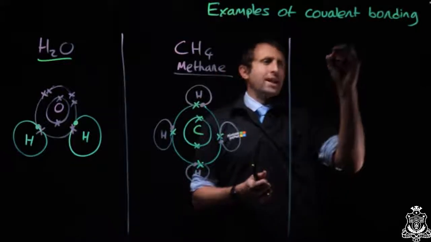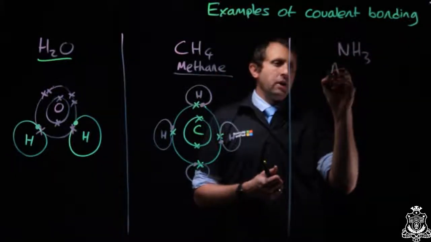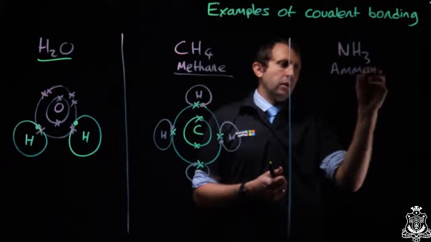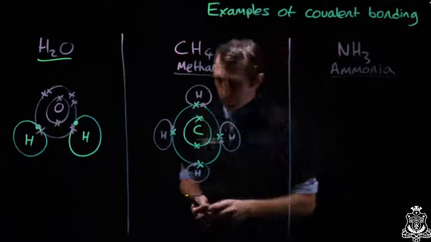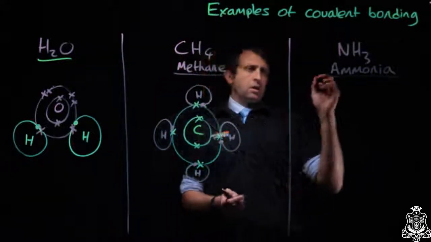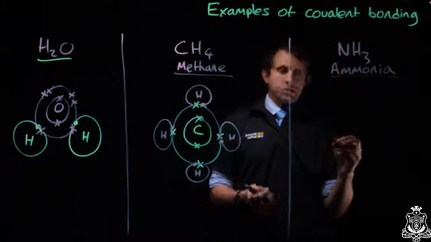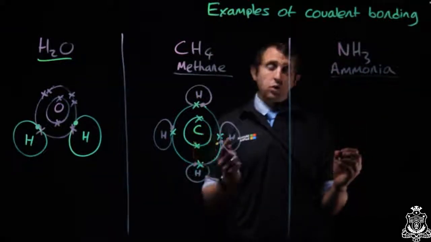We're going to do one more example quickly. This one we're going to do NH3. This is called ammonia. Another common compound that you should be familiar with and you need to learn. Ammonia. Let's do nitrogen first. Group 5, atomic number 7, electron configuration of 2, 5.